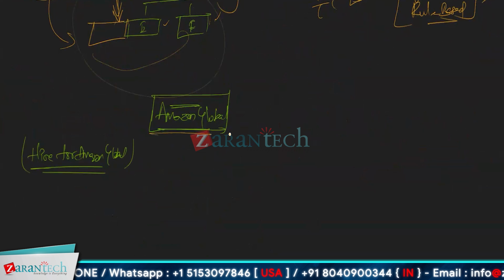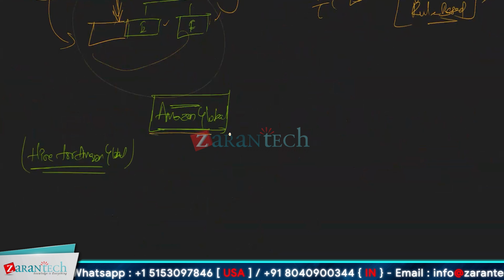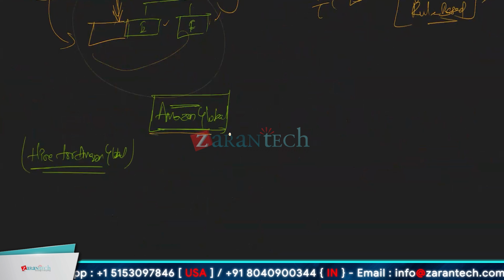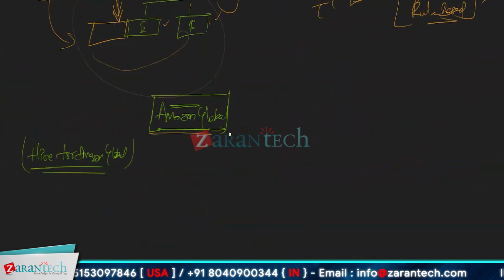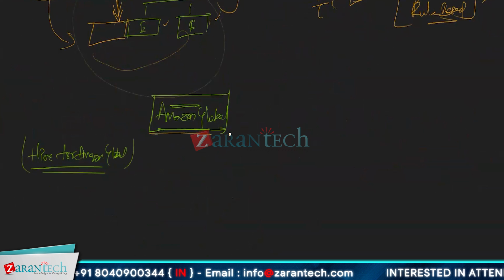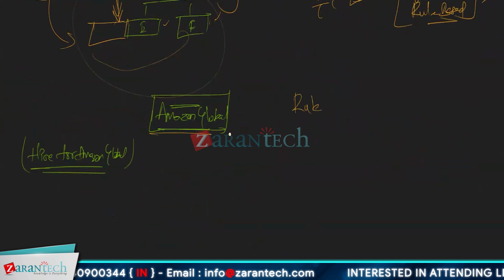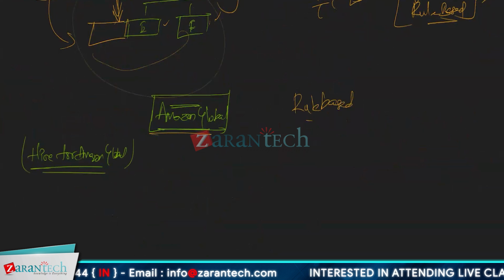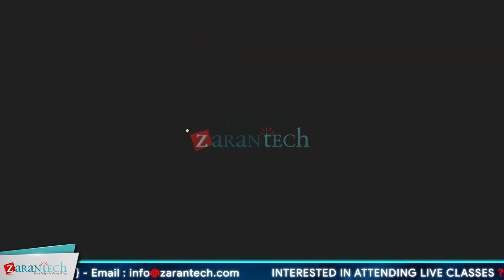Now like I said, it is not widely used, it's not an industry practice to do this. Instead, if you want to use a different version, you create a rule based definition. So this is the structure.